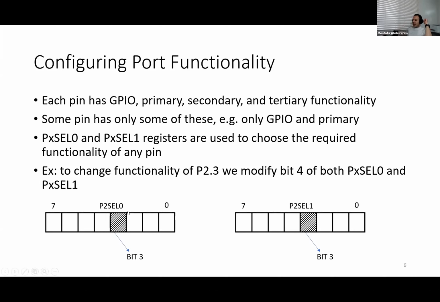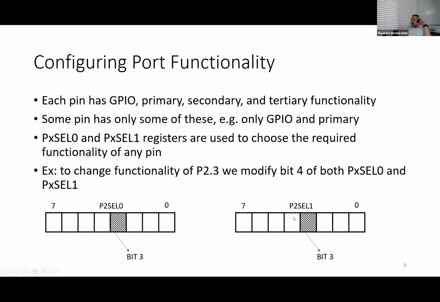Okay, so for each port there are 2 specific registers. For example, for port 2, there are 2 registers. One is called P2SEL0, and the other is called P2SEL1.